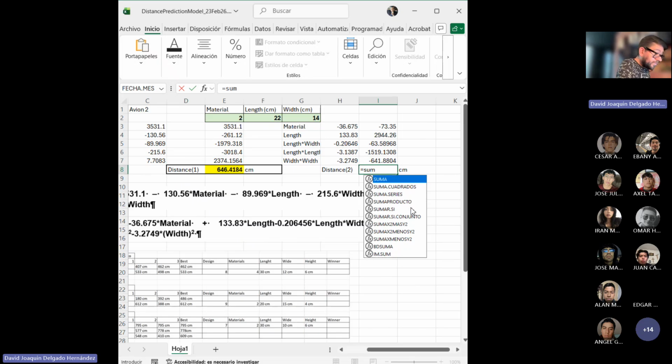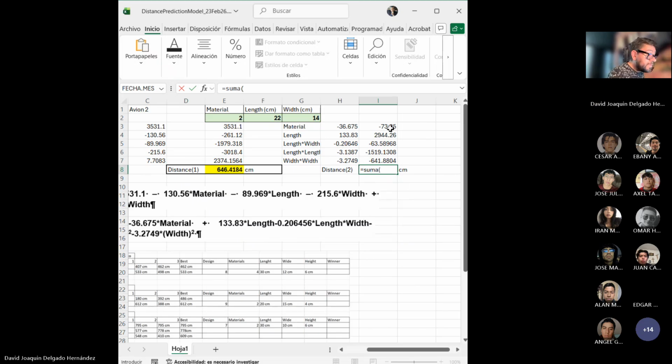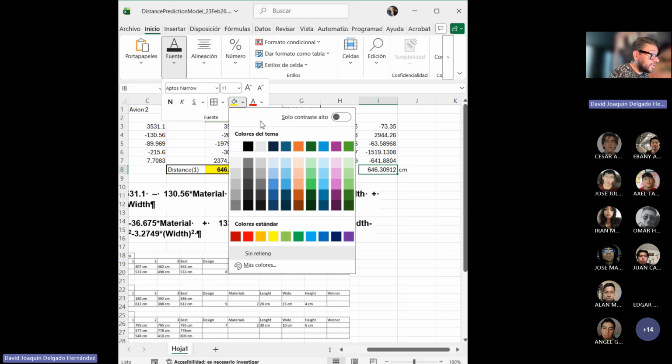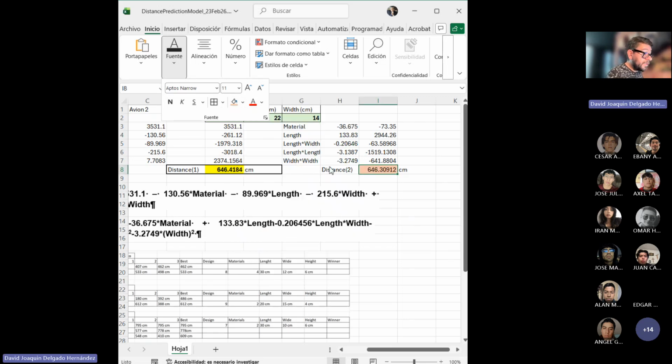This is enter. I am going to put it in another color, in orange. Okay, this is distance number 2.